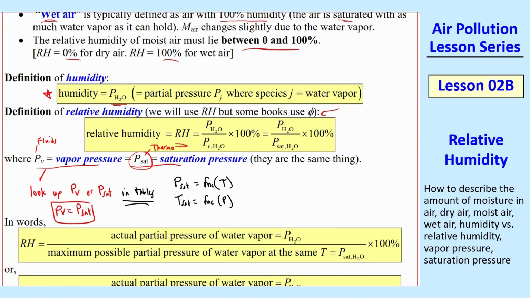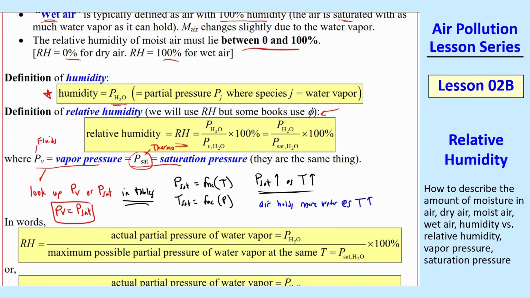So they're a function of each other. And generally, PSAT goes up as T goes up. So what does that mean? You can think of it this way. If you have a bigger saturation pressure, or vapor pressure, the air can hold more water vapor. So I'll just write that as a comment. Air holds more water, more humidity, as T goes up.